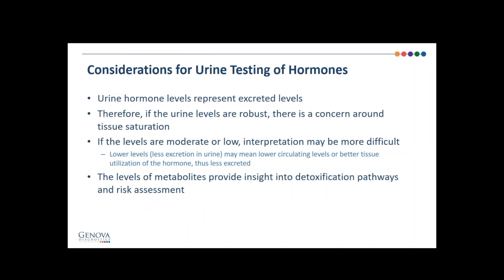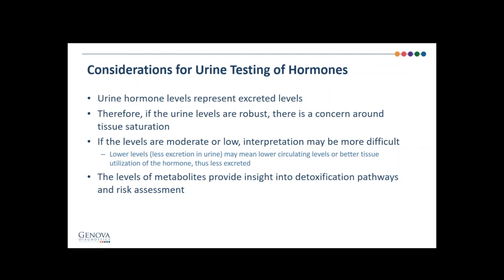So when I look at a urine test, like a complete hormones, and see very high levels of the parent hormone, I'm concerned that that may represent a lot of hormone saturation, that it would be excreted in such high concentrations. But if the levels are moderate or low, then the interpretation is a little bit more difficult, because lower levels, less excretion in urine, may mean lower circulating levels, but it might also mean better tissue utilization of the hormone, so less is being excreted.